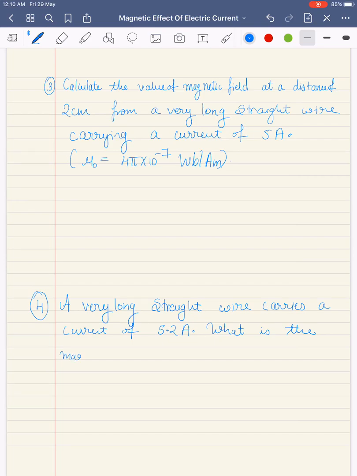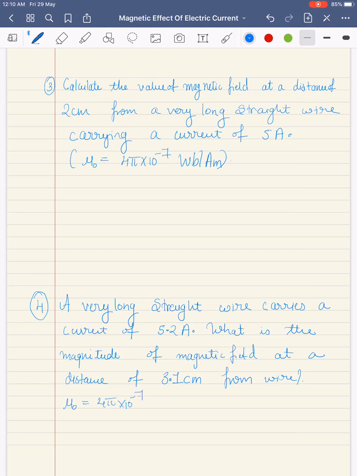What is the magnitude of magnetic field at a distance of 3.1 centimeter from the wire? Mu naught value is given as 4 pi into 10 raised to minus 7 Tesla meter per ampere. Okay.